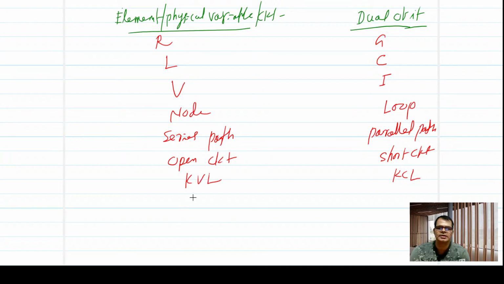Thevenin's and Norton's. They are reciprocal, that is, both ways you can use it. If somebody asks you what is the dual of conductance, then it will be resistance. Then flux linkage, it is the charge.